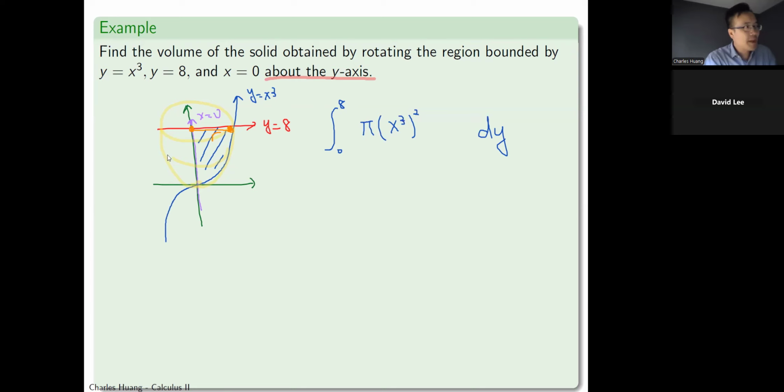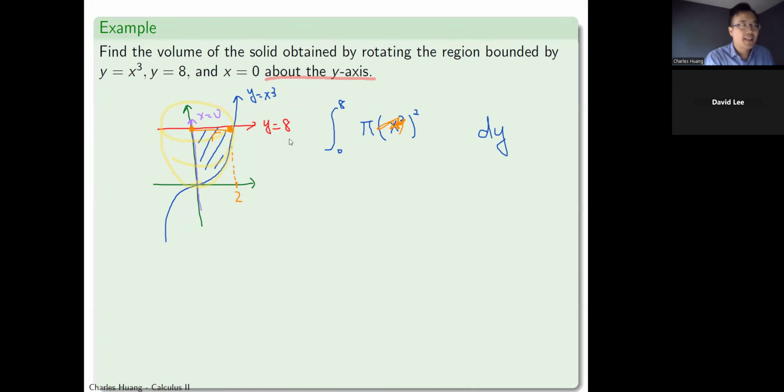If we think about this orange point here, I'm going to say that's not right, and I'll tell you why. Because the y value here is 8, but the radius is not 8. The radius is actually the x value, and the x value down here is 2.